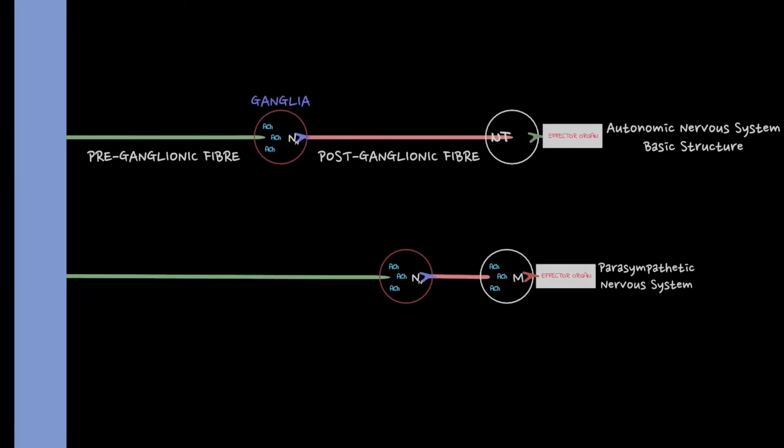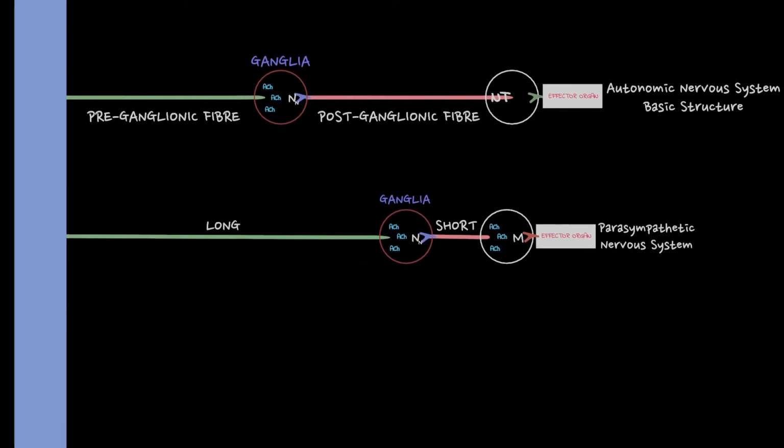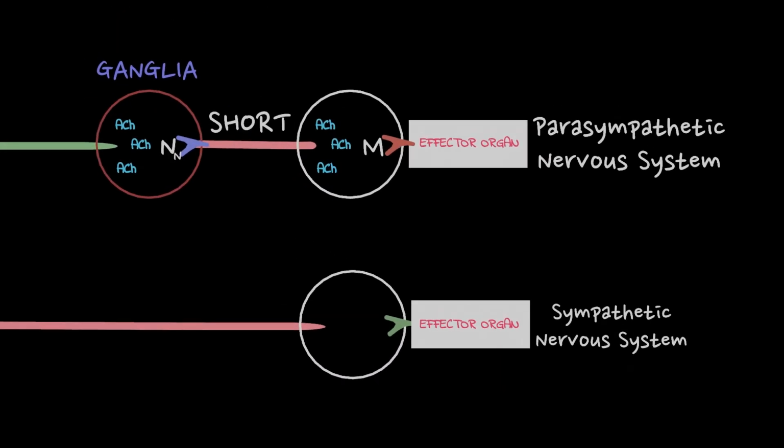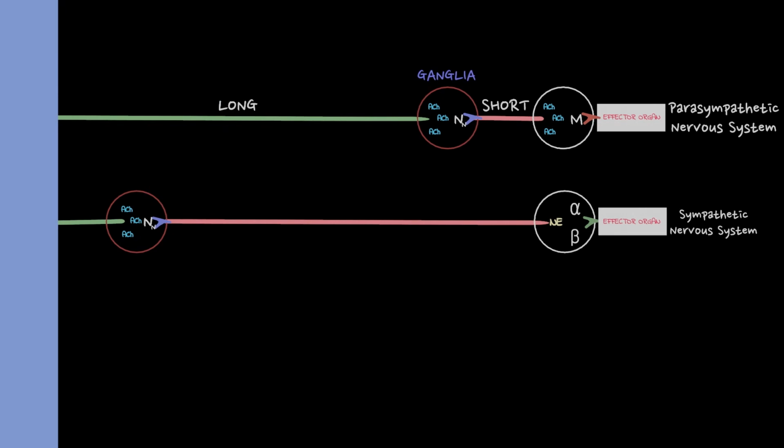The preganglionic fiber is long and the postganglionic fiber is short, so the ganglia is closer to the organs. In the sympathetic nervous system, the postganglionic fiber mostly releases norepinephrine, whose target is the alpha and beta receptors in the organs. The preganglionic fiber is short and the postganglionic fiber is long, thus the ganglia are located away from the organs.